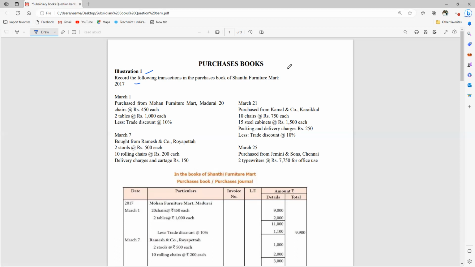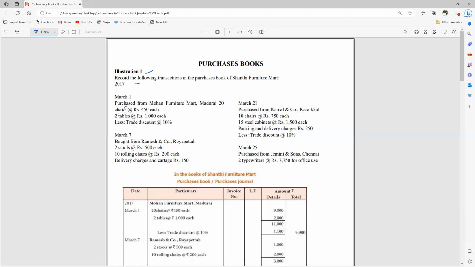But here in this problem, to confuse us, they have given the question: on March 1st, purchase from Mohan Furniture Mart, Madurai, 20 chairs at rupees 450 each, two tables at rupees 1000 each, less trade discount.